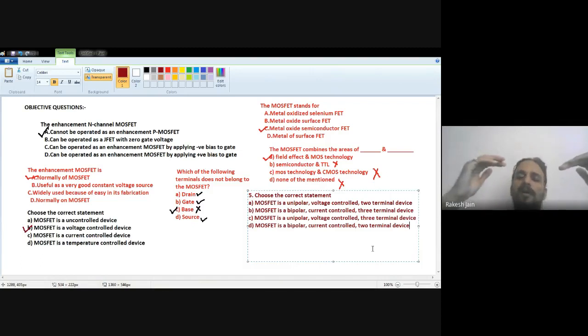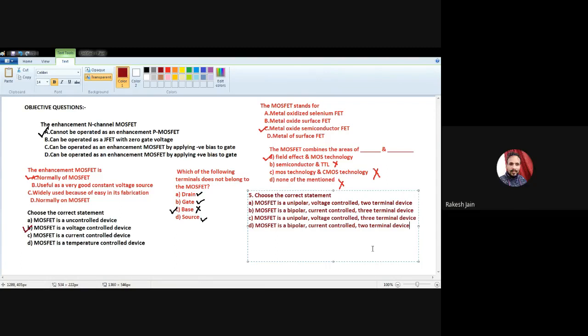That's why MOSFET or JFET, both are FET, so they are unipolar. So option B, MOSFET is a bipolar, is incorrect, and option D, MOSFET is a bipolar, is also incorrect. But option C, MOSFET is unipolar, can be correct. Now the second, voltage control. So definitely they are voltage control devices.